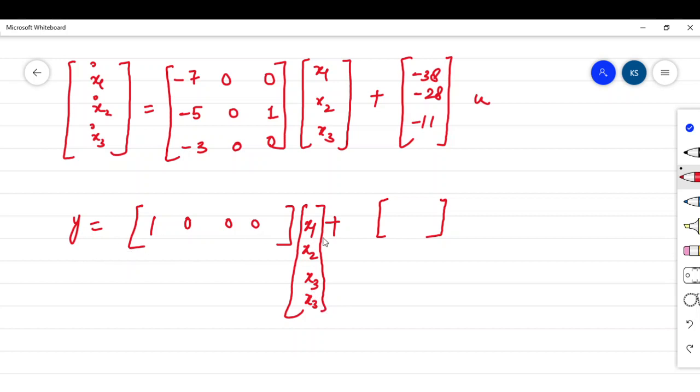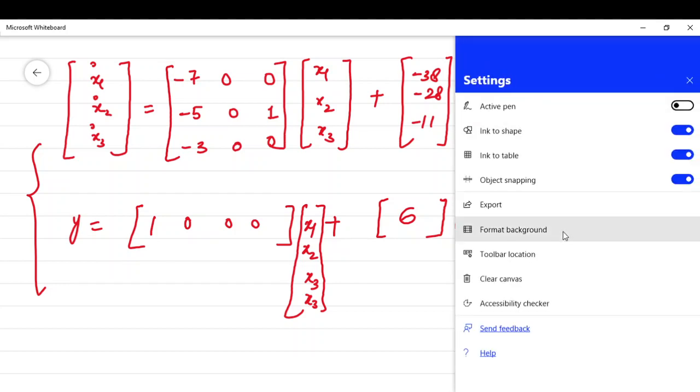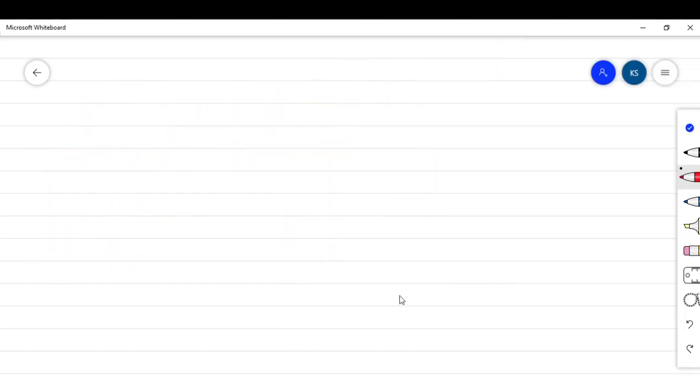So y is equal to x1 plus 6 into u. So you can write here as 1 0 0, and D as 6u. So in this way you can develop the state space model of any signal flow graph. Now let us take another example of signal flow graph.